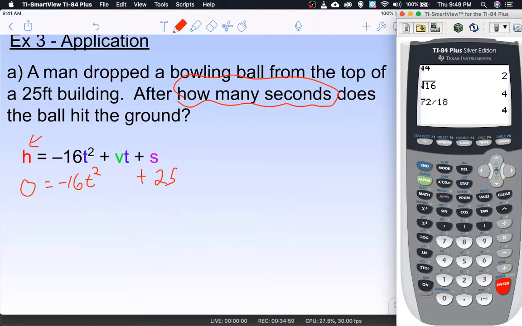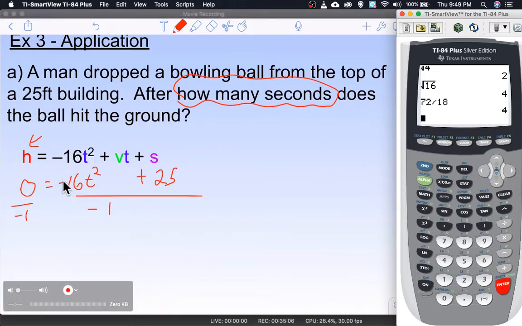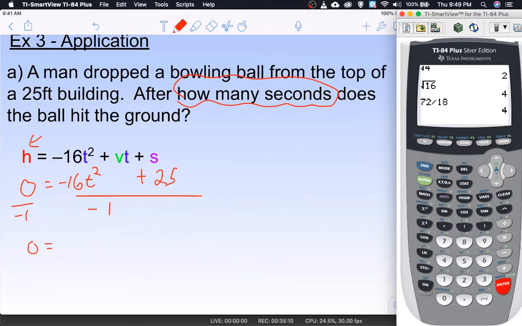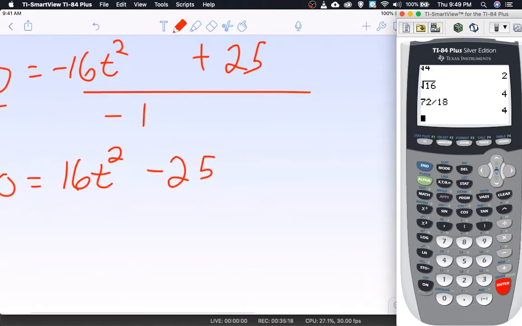Now, if I was solving this, I would do one thing first. I would divide by -1 because I don't like this negative on my first term. I don't know if it makes the factoring any easier, but I don't like having a negative on my first term. So now I would take a hazard at 4t and 5 because they're both perfect squares.